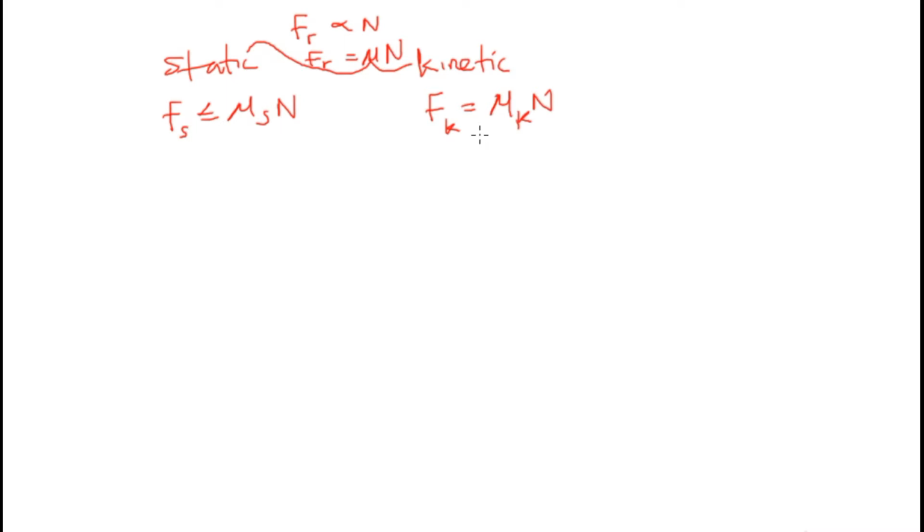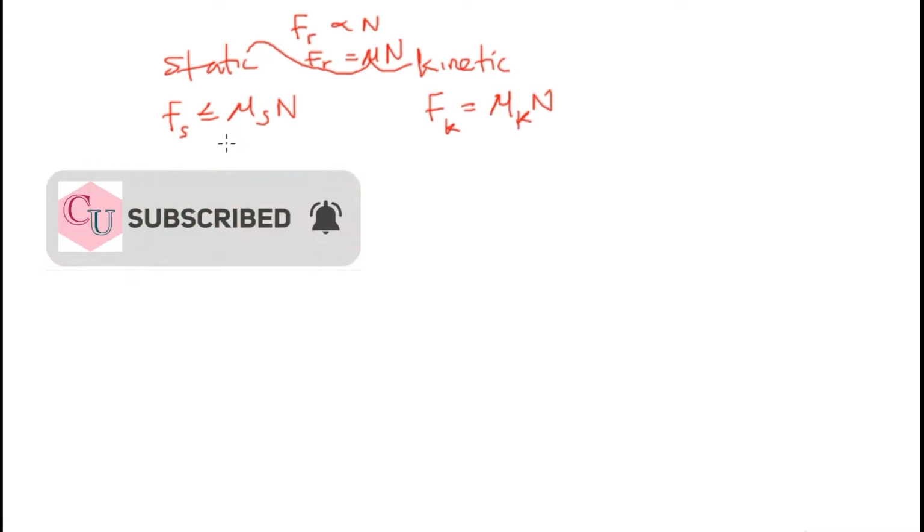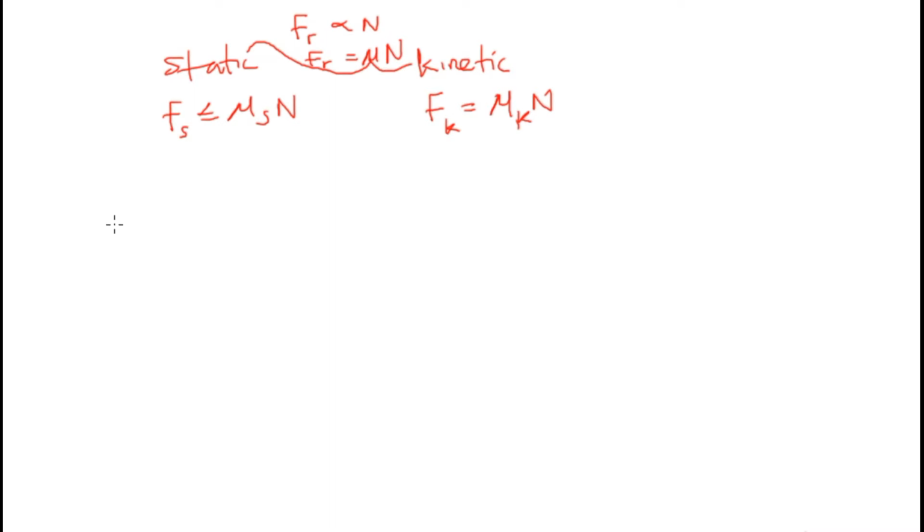The normal force or the normal reaction is what I described the other time, that is always perpendicular to the surface in contact. Now notice that the static friction is an inequality. That is, it is less than or equal to the coefficient of static friction of the object multiplied by its normal reaction.